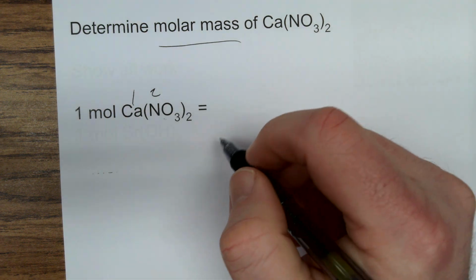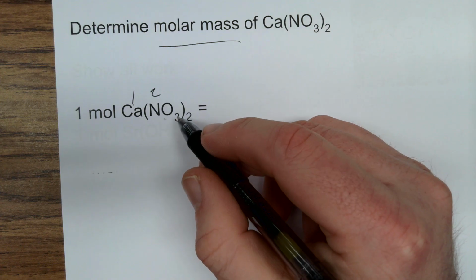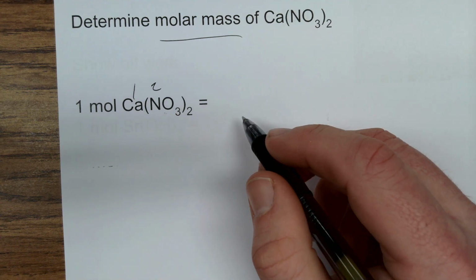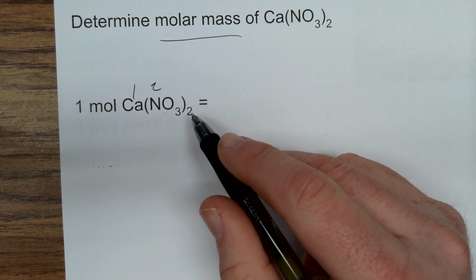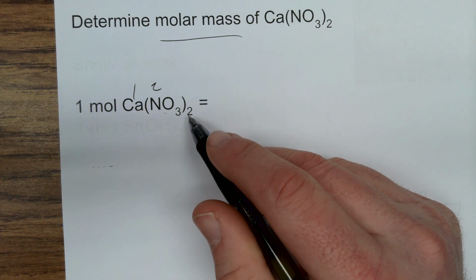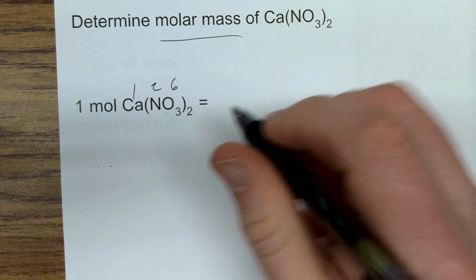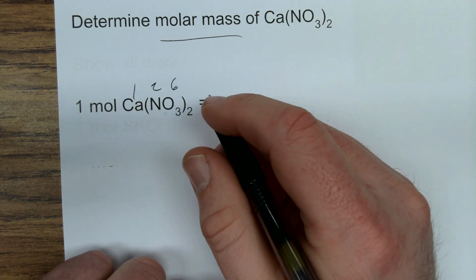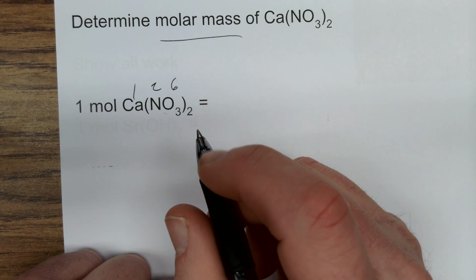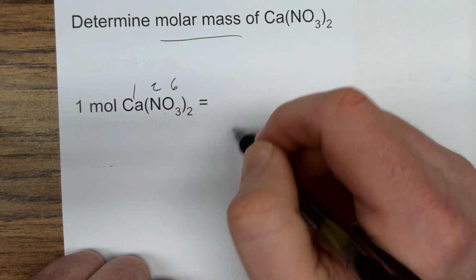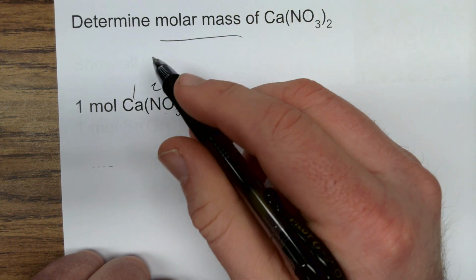How many oxygens do I have? Not 3. You're close. 2 times 3 equals what? 6. That's all right. They're close. I can see the mistake happen. So, when I'm calculating the molar mass, I got to do it for everybody.